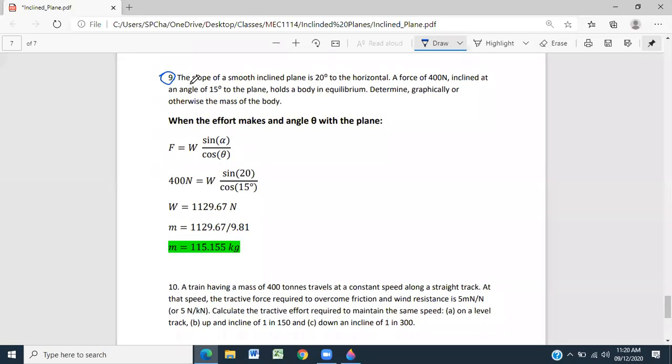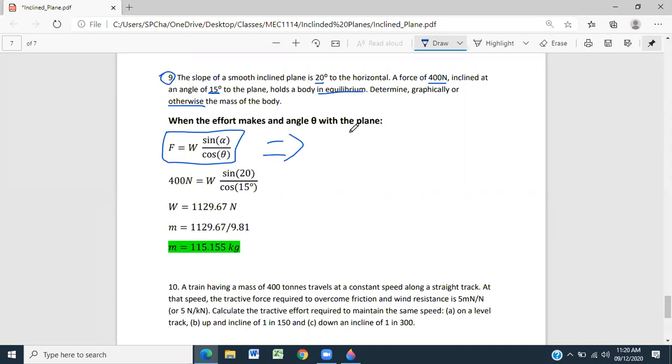The slope of a smooth inclined plane is 20 degrees to the horizontal. A force of 400 newtons inclined at an angle of 15 degrees to the plane holds a body in equilibrium. Determine graphically or otherwise the mass of the body. So again, this formula, this methodology. Alternatively, you can work this using the principle of work.